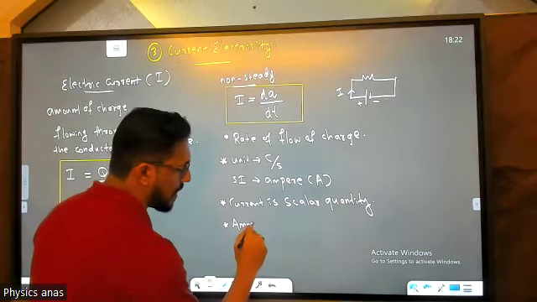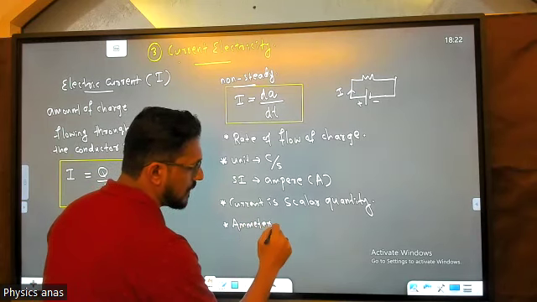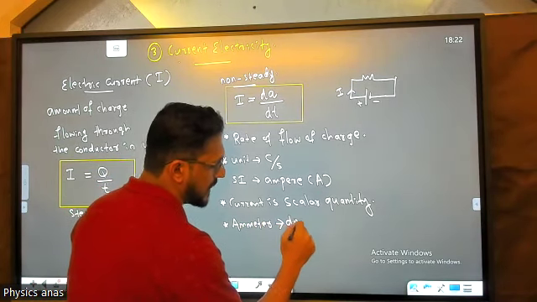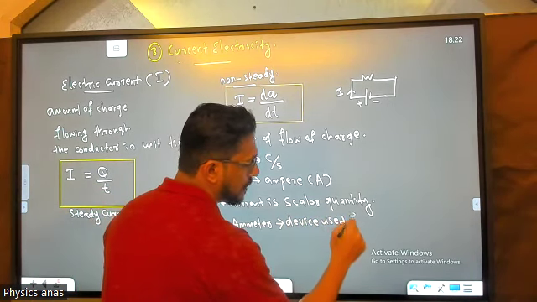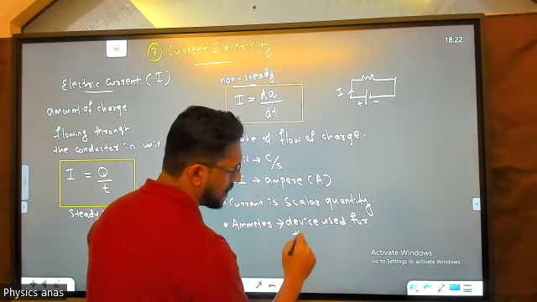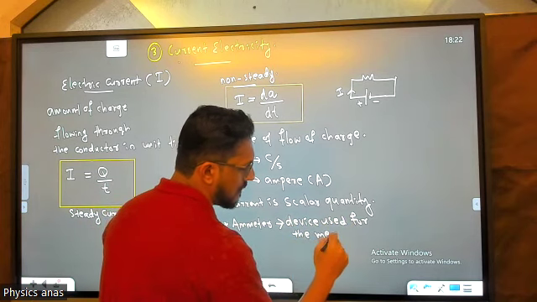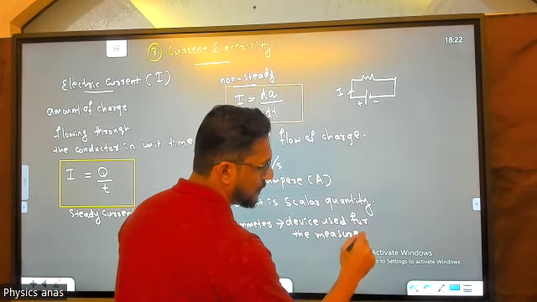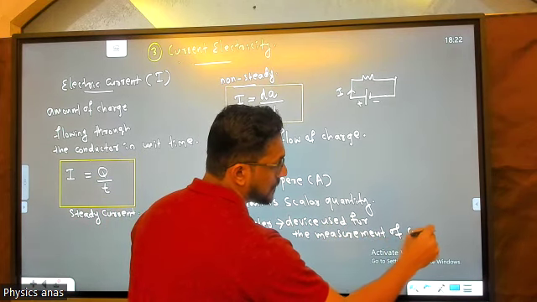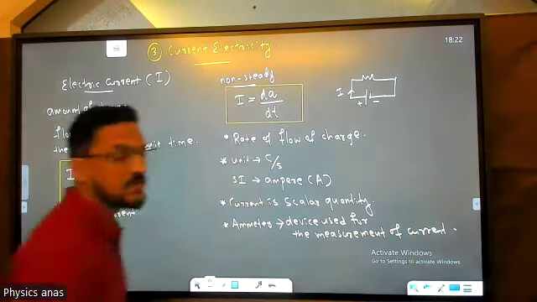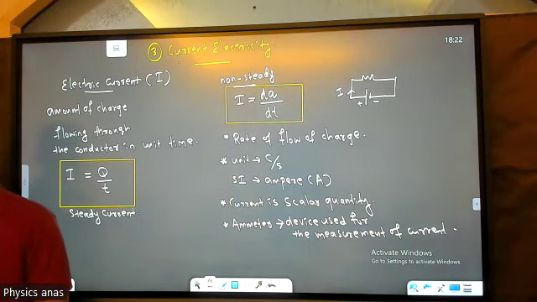Ammeter is what? A device used for the measurement of current.